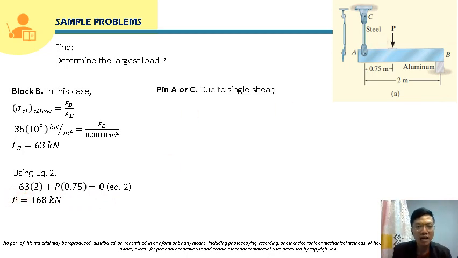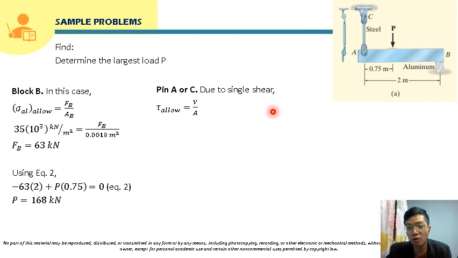Now, lastly, we are going to solve for the load P using the allowable stress for the pin A and C. So the allowable stress here is a shear stress. The allowable shear stress will be equal to the internal shear force over the area.